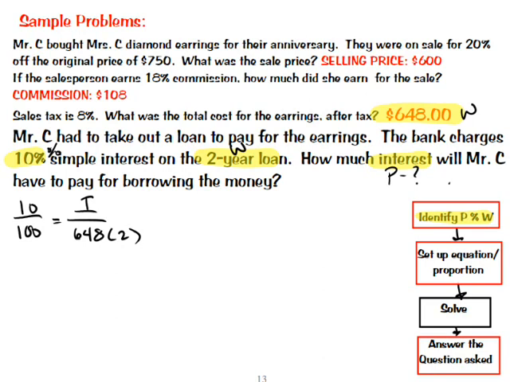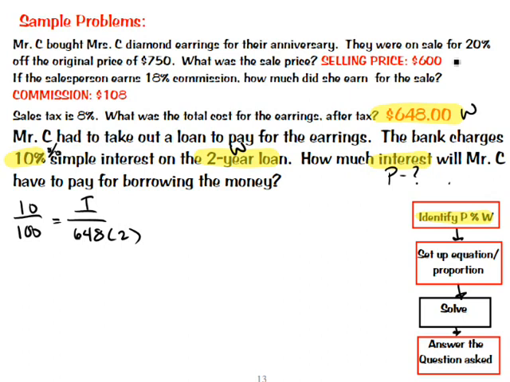Did you correctly use 648 as your total and not just 600? I don't even have $48 to pay the tax. I need to borrow all $648. So that's part of the whole. That is the principal, the amount borrowed.